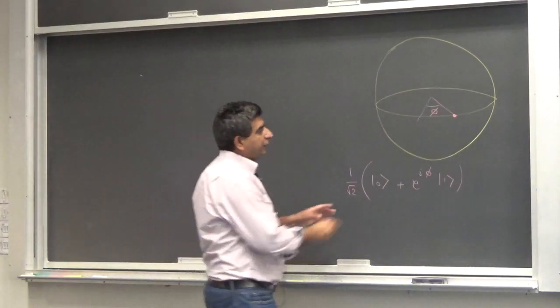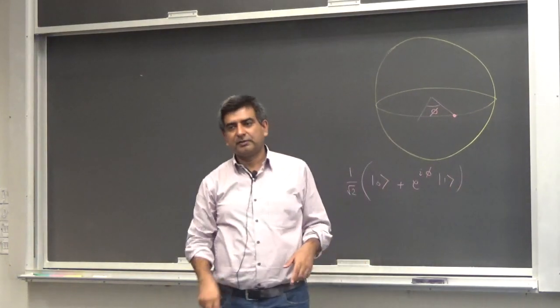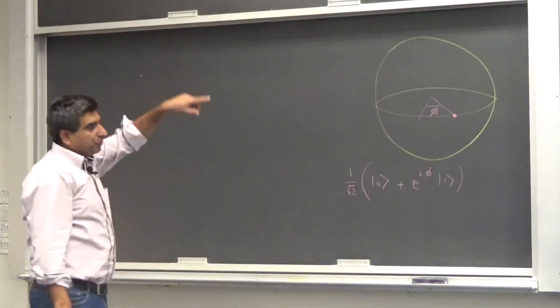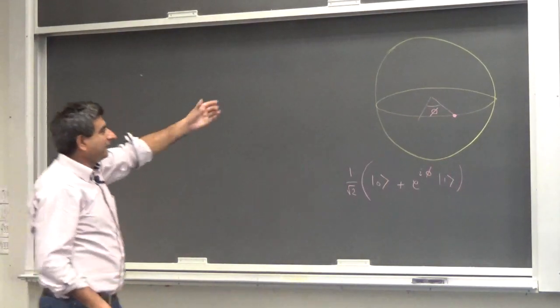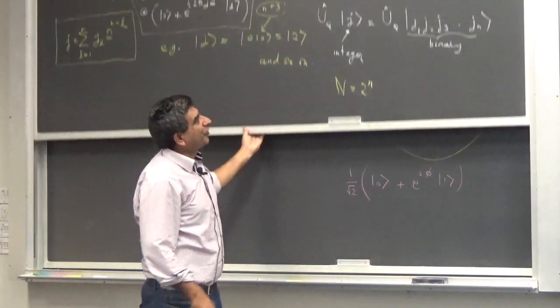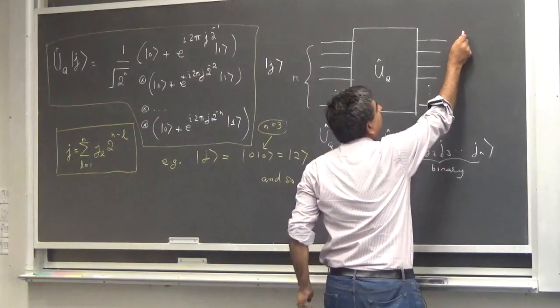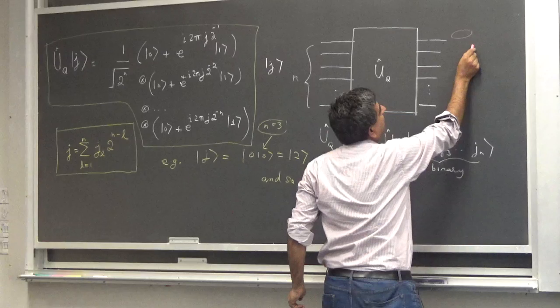So you change phi, you get a different point on the equatorial plane. And if you look at each of these output qubits, if I were to draw a Bloch sphere corresponding to each of these qubits, I just draw the equatorial plane.